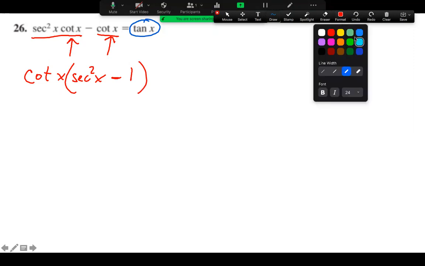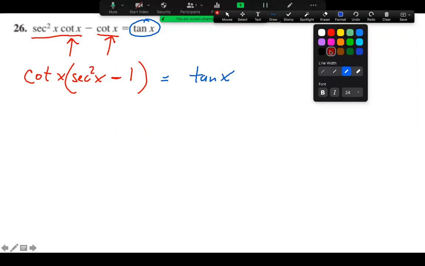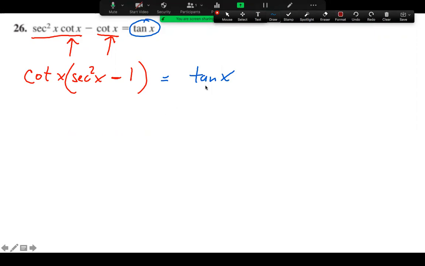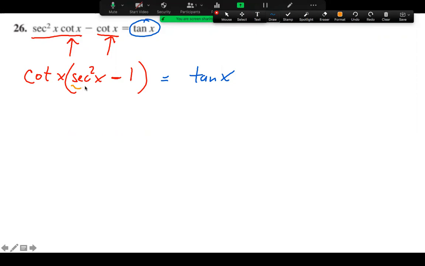And we have to make this ultimately look like tangent x. All right, next, I'm going to be extremely suspicious about this secant squared x minus 1.